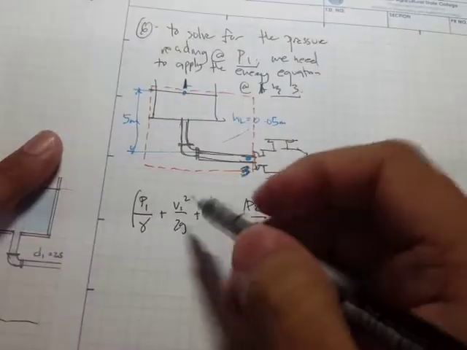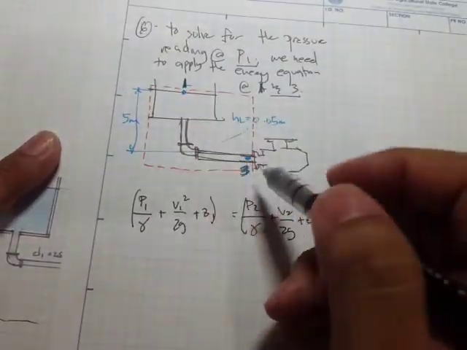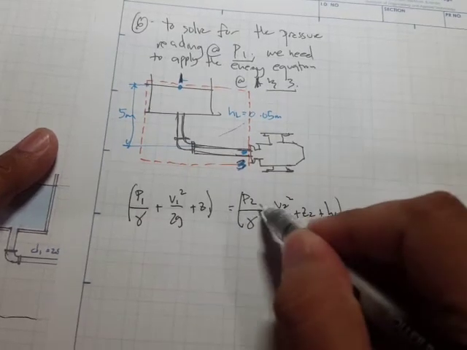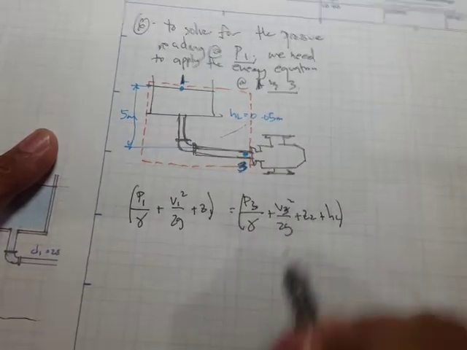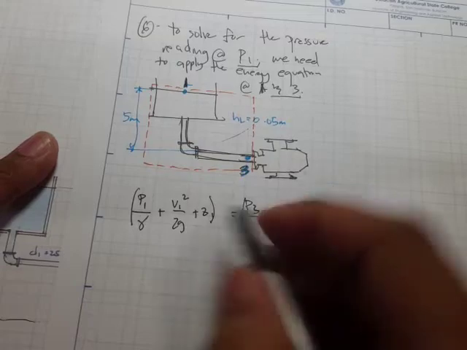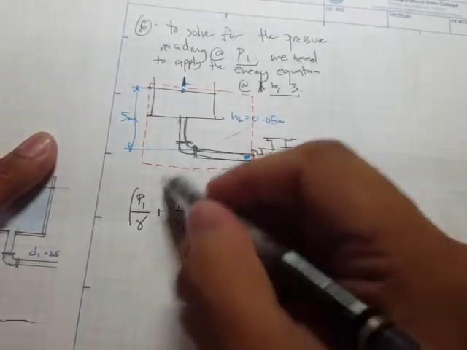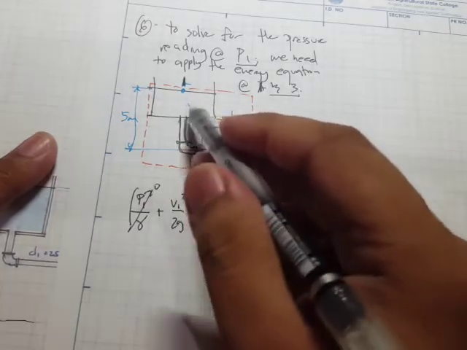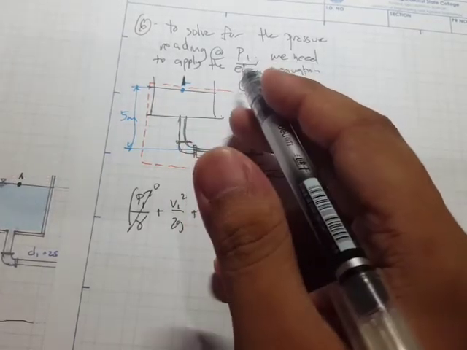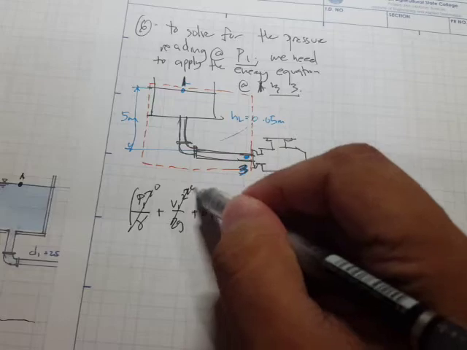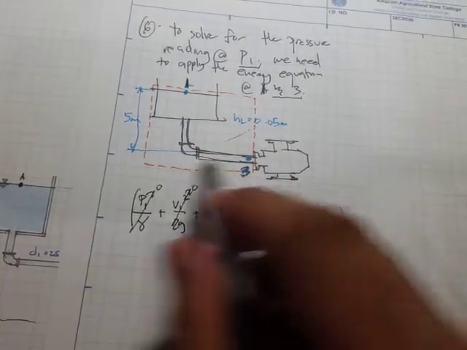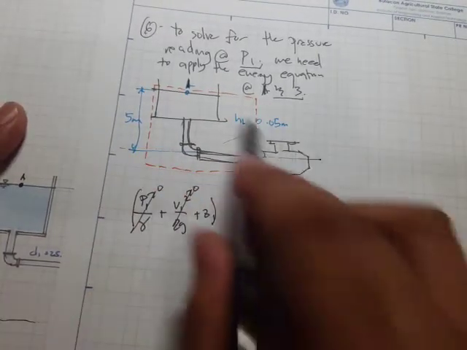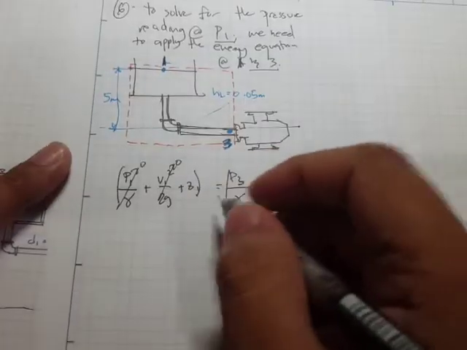The pressure at A, since it is atmospheric pressure, is 0. And the velocity right here, since it's a large reservoir, is also 0. The elevation, if this is our reference point, is 5 meters.